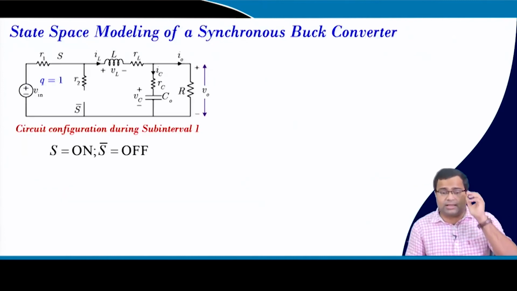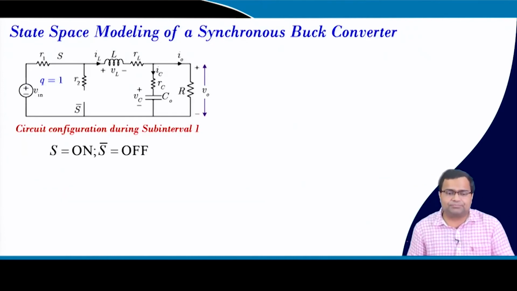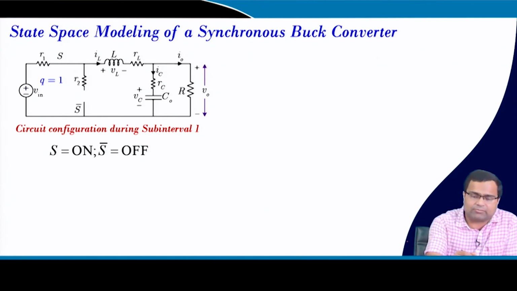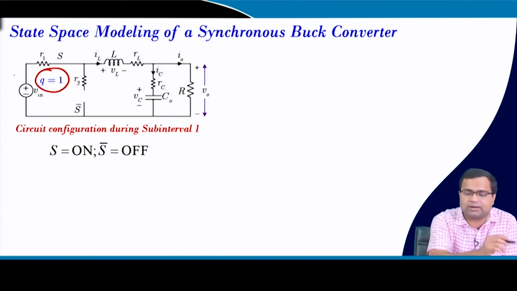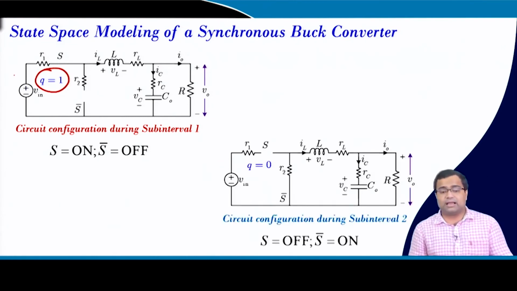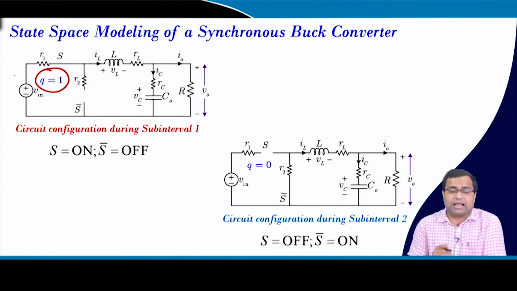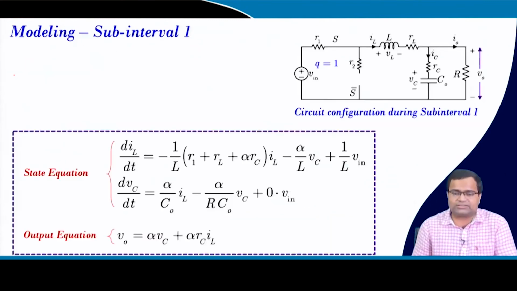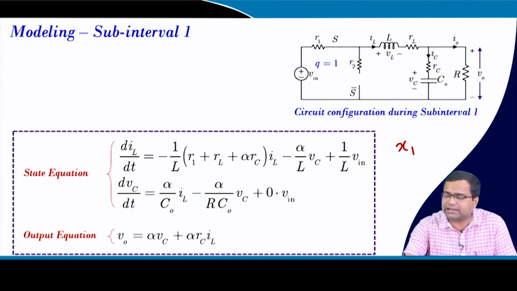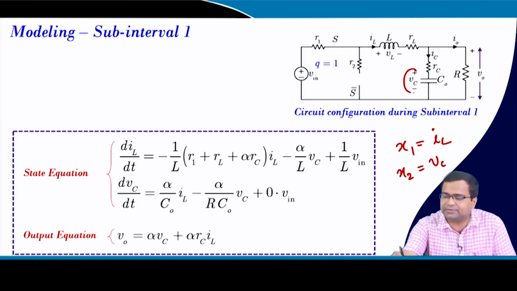So, I will take just a glimpse of the state space model. If you take a synchronous buck converter, take switch configuration 1, then you can write, and switch configuration 2. If you take one state as the inductor current, that means state 1 is my inductor current and state 2 is my capacitor voltage, which is here.